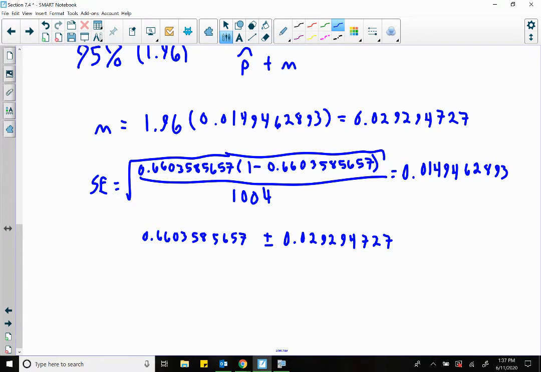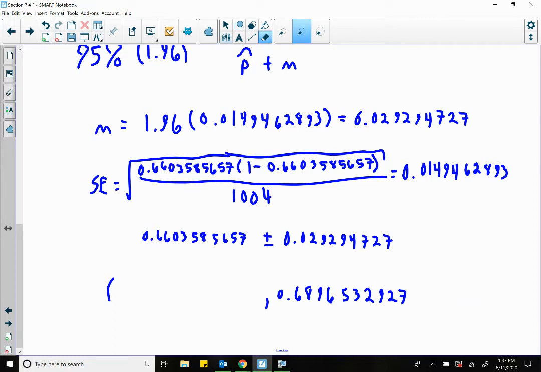And so the top of our interval is 0.6896532927. There's the top. Or if we made that a percentage, rounding to 4 decimal places, 68.97%.